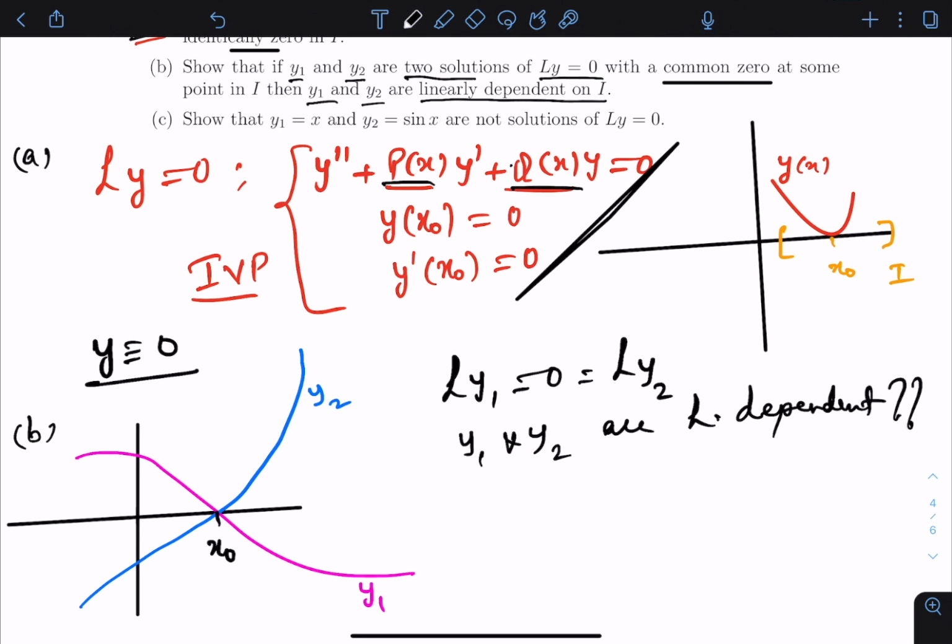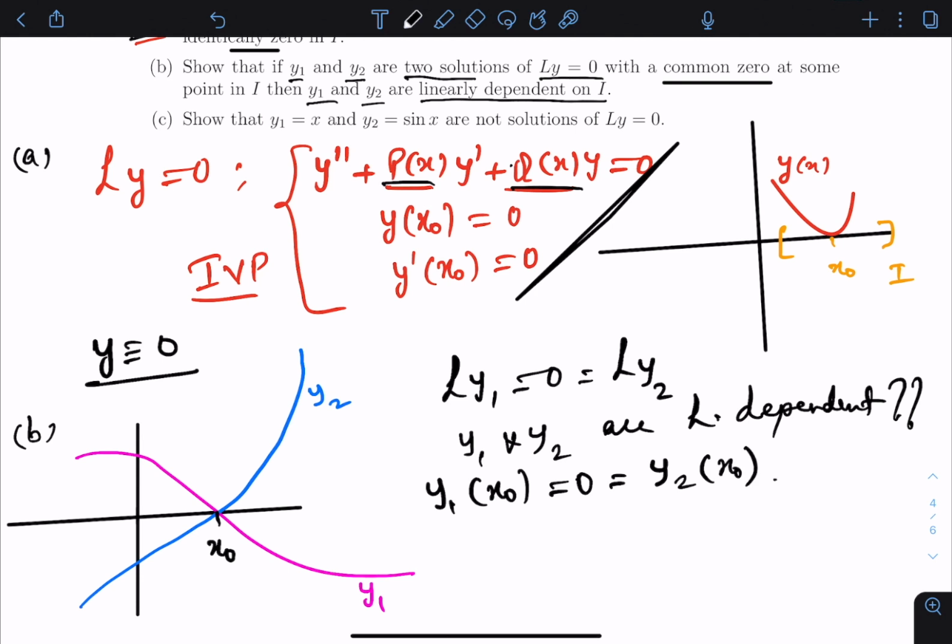Is this true? Okay, that's very quick. That's why we have this property of the Wronskian. Once we have linear independence of function solutions, the Wronskian is the thing that we have introduced in the lecture. So we just have to verify that. What we know about y1 and y2 is that the value of y1 at x0 is 0 and the value of y2 at x0 is also 0.